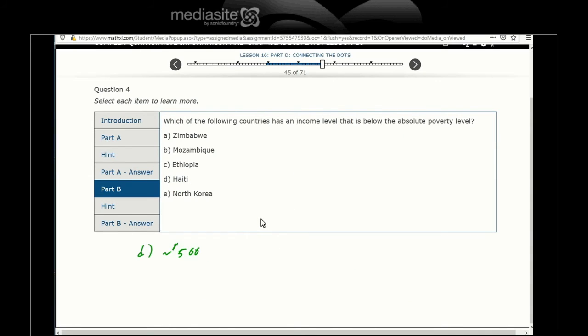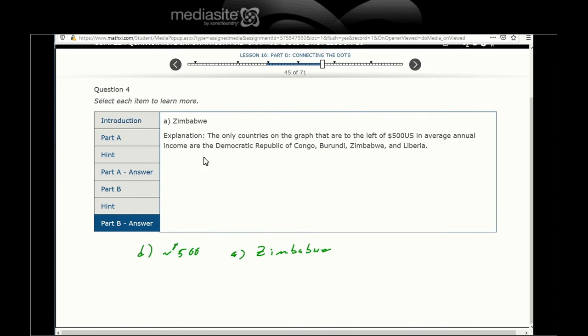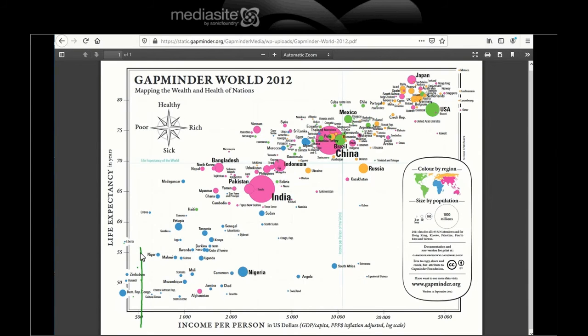So A. Zimbabwe, that's in Southern Africa, by the way. The only countries that are left are Democratic Republic of Congo, Burundi, Zimbabwe, and Liberia, which is what we noted. We drew the line and observed.